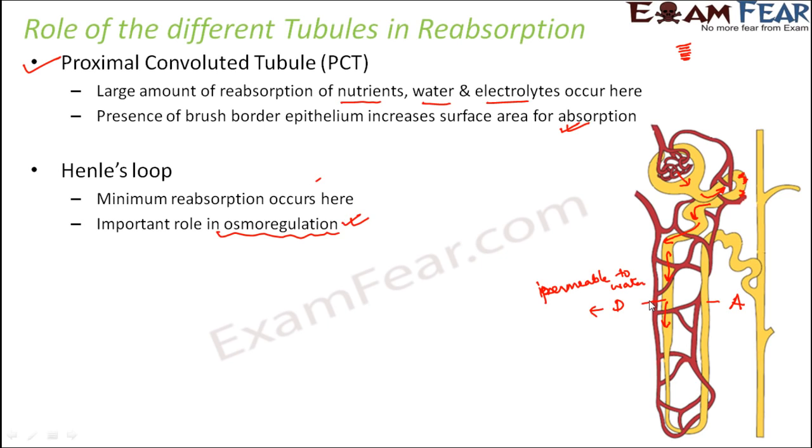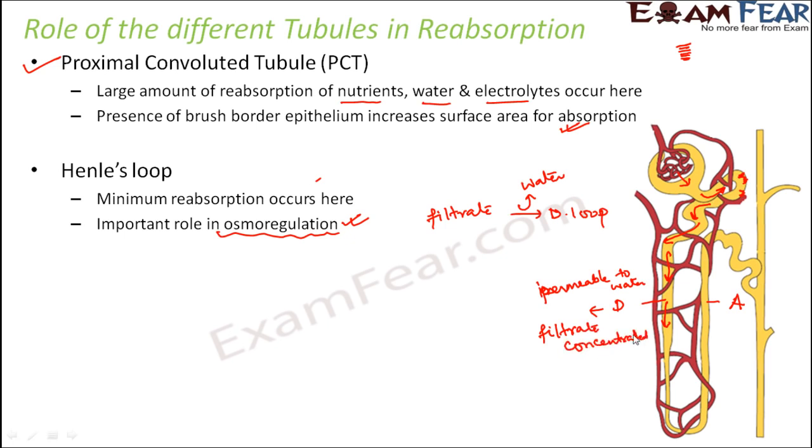It loses water because the membrane is permeable to water, so the filtrate becomes more concentrated, because anything which loses more water will become more concentrated. So in the descending loop, filtrate becomes more concentrated.